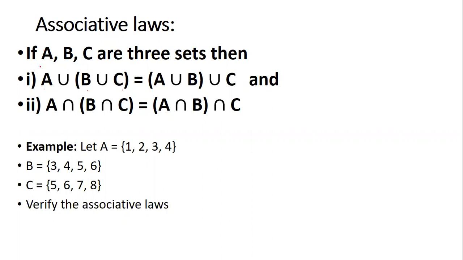So the first line says, if A, B, C are 3 sets, then the first rule is A union B union C. Now, if you see, you cannot directly take the union of A, B, C at a time. In many situations we cannot take it at a time.